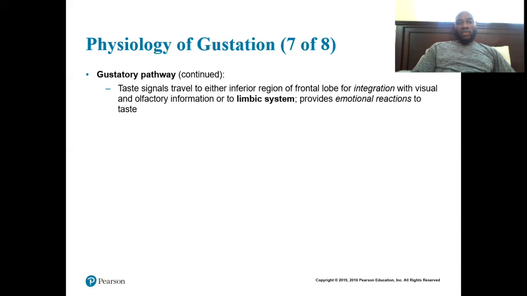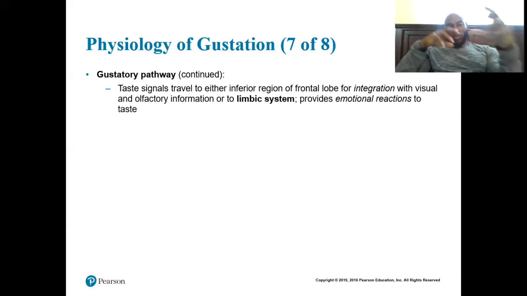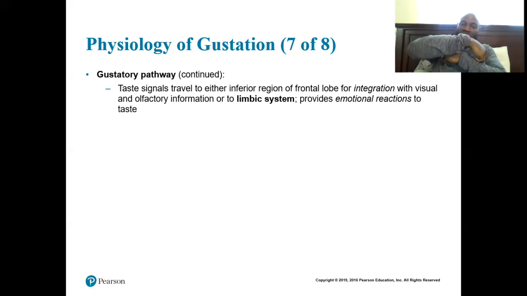Your taste signals travel to either the inferior region or frontal lobe for integration. After the parietal lobe, integration with visual and olfactory information, or to the limbic system, provides emotional reactions to taste. All right, so we can take something that we taste and combine it with something that we've seen.